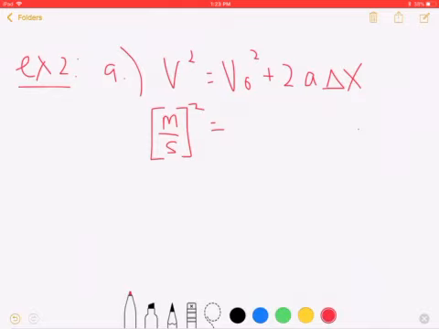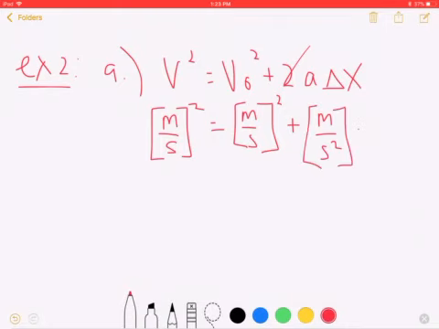That's going to be equal to the units for velocity again, which are meters per second, quantity squared, plus 2. 2 is a constant, it doesn't have any units, so we can ignore that for the sake of dimensional analysis. Acceleration is measured in meters per second squared, multiplied by displacement, which is measured in just meters.